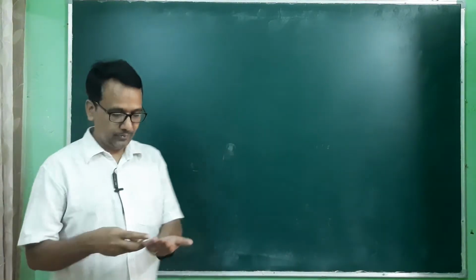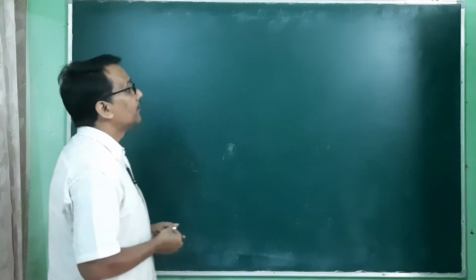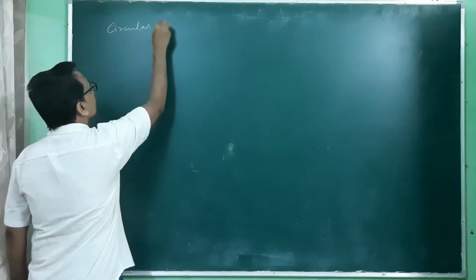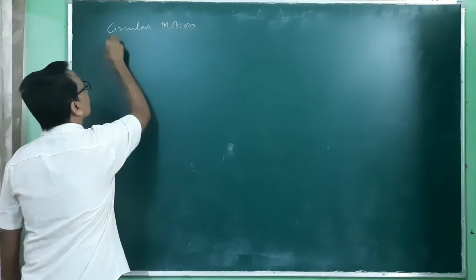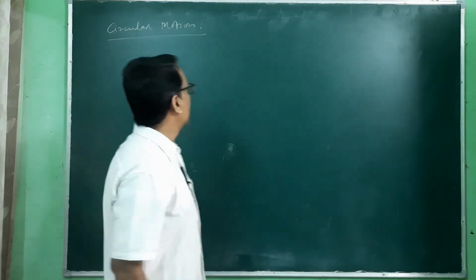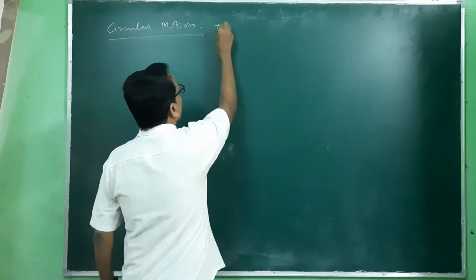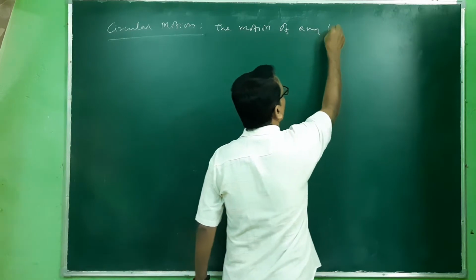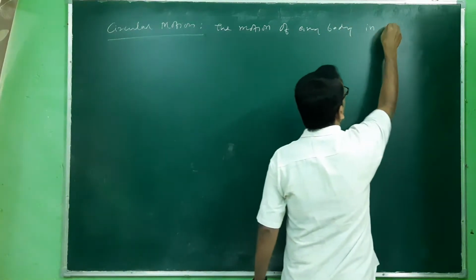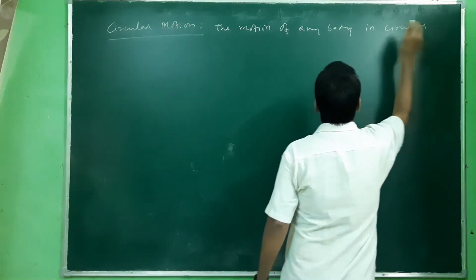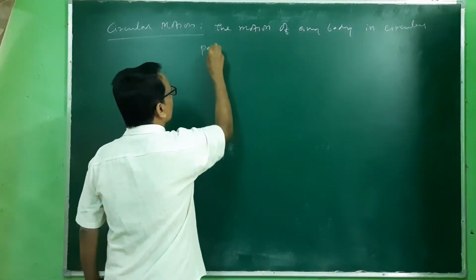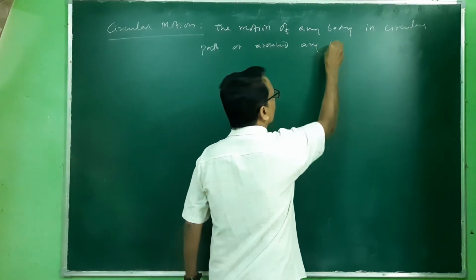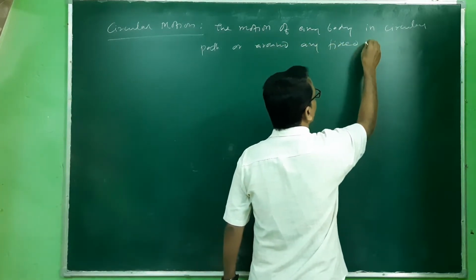So today we will start another planar motion, that is the circular motion. The circular motion is the motion of any object or any body in a circular path, along any fixed path, fixed point.